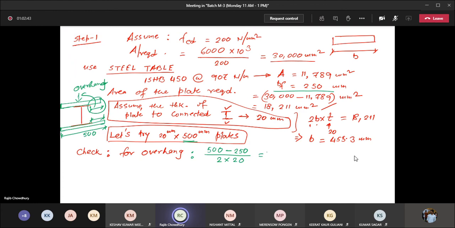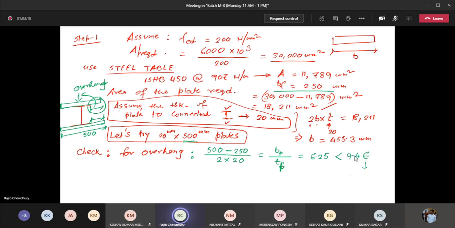This is called B of the plate divided by T of the plate, thickness of the plate. I am just calculating this particular ratio. I'll come back to why I want this ratio. So it becomes around 6.25, and it should not be greater than 9.4 epsilon.